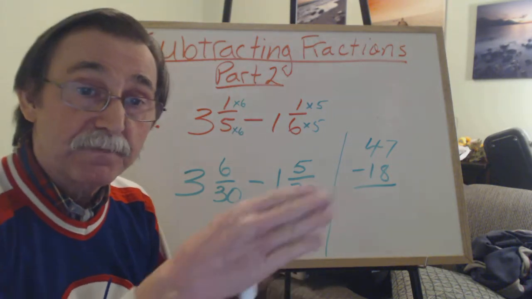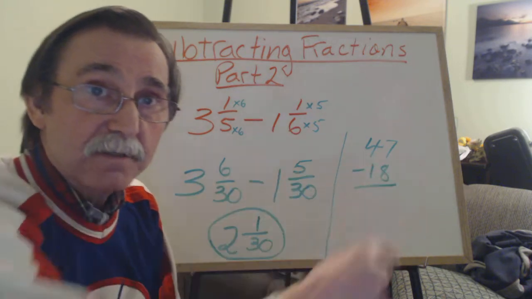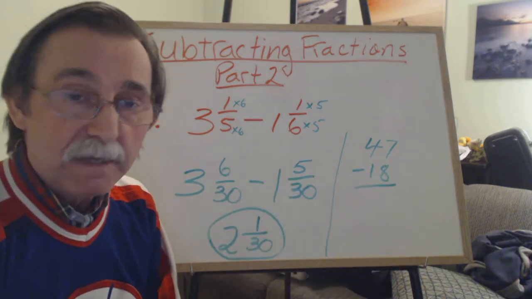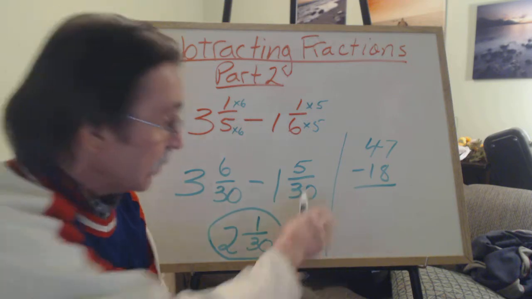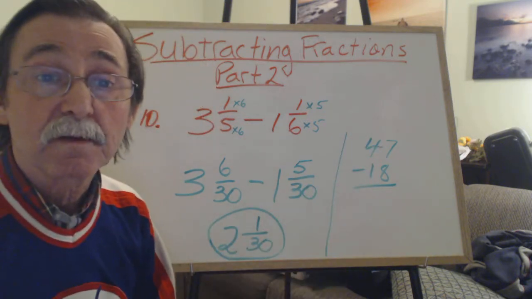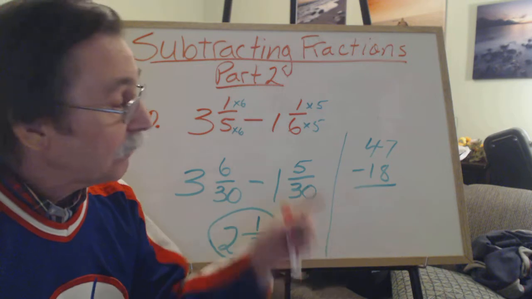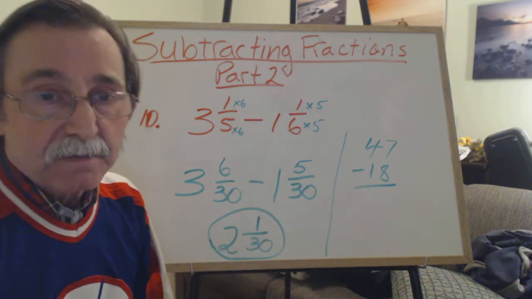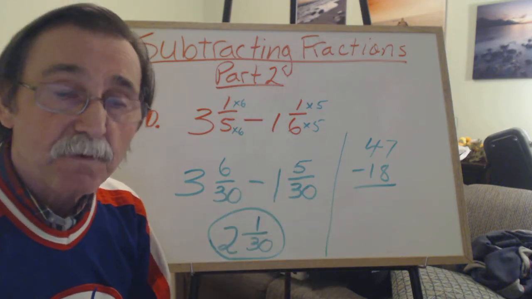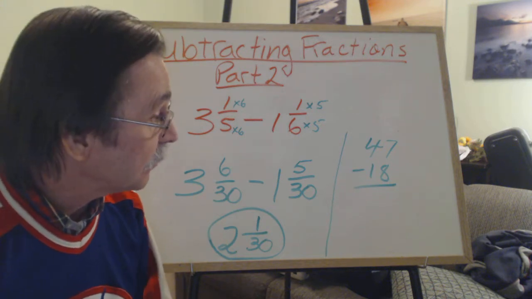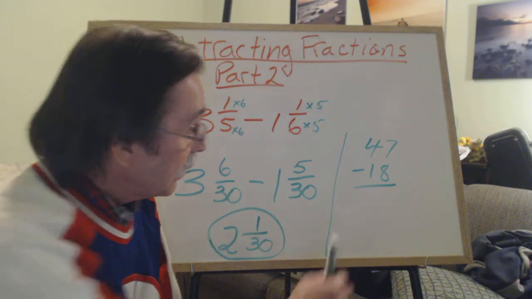I could give you 47 subtract 18 going across, but the first thing you do, as you've been taught over the years, is to line them up like this. So I would go up and down. In fact, that's what I'm going to be doing for the rest of them, is go up and down, and it'll be much better.